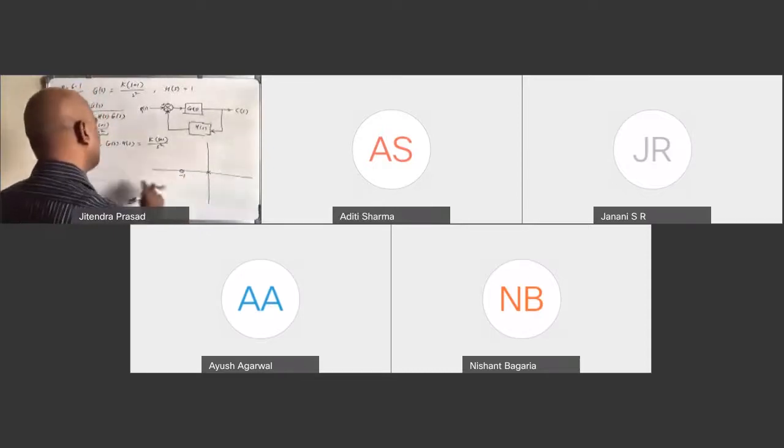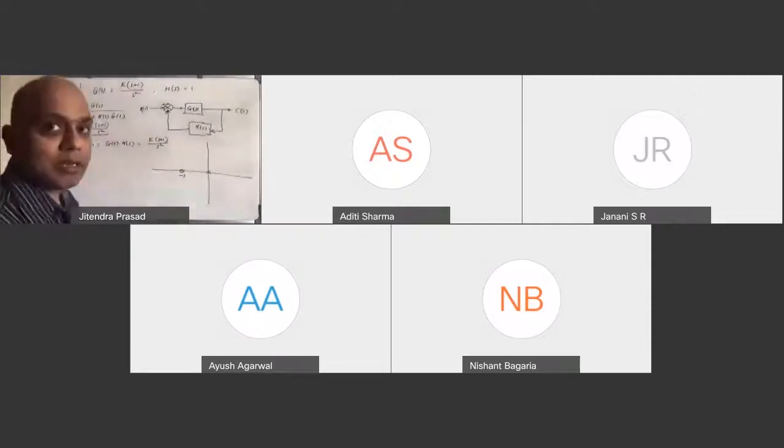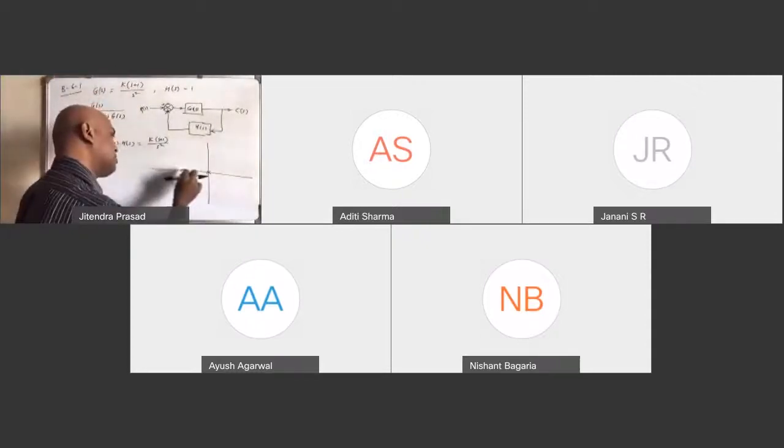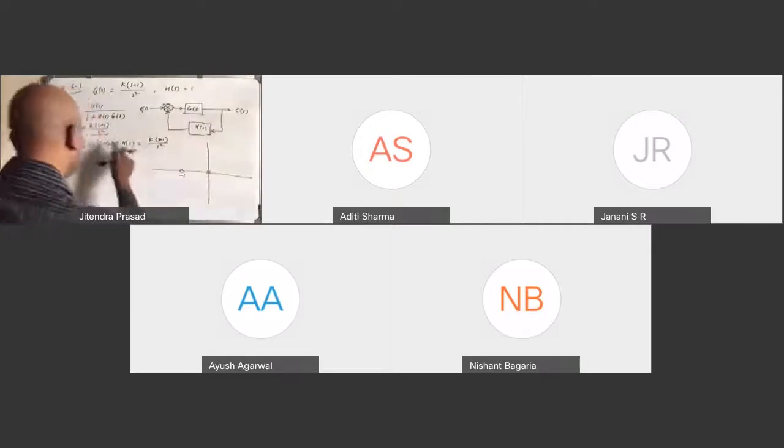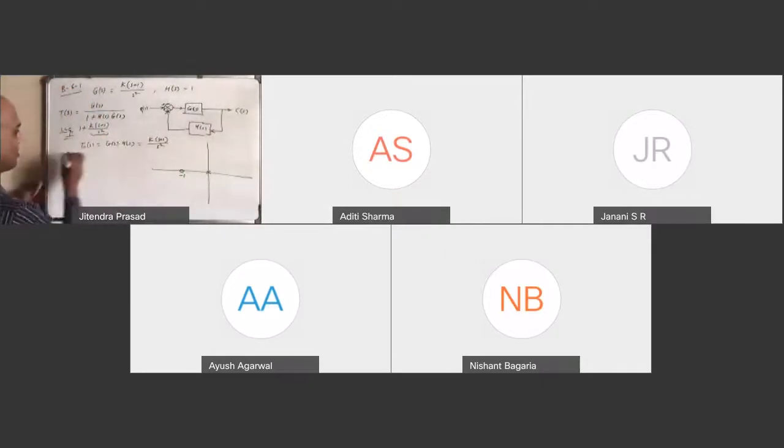So that is possible, because the total angle has to satisfy the angle rule. What is the angle rule? K(s+1)/s square, the angle of this, equals plus or minus 180 degrees.